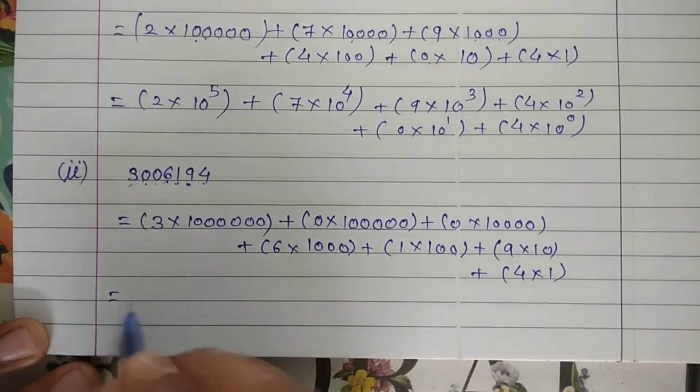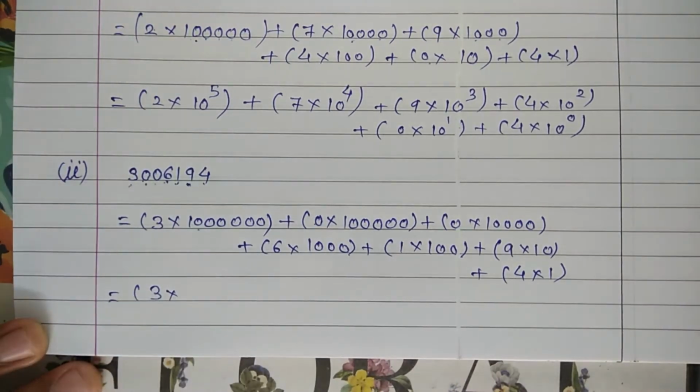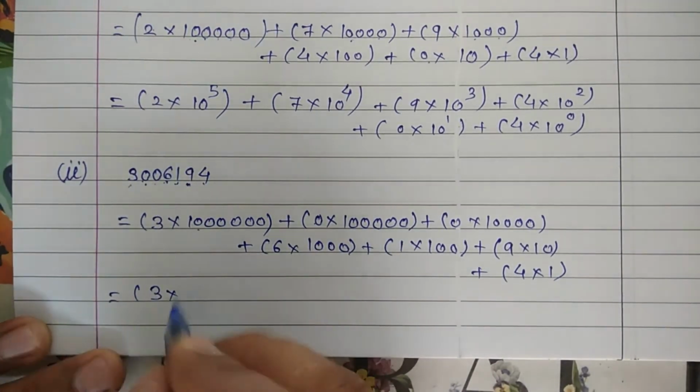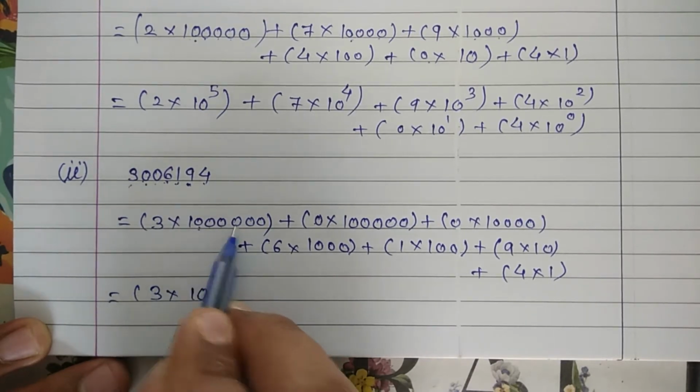So that is equal to 3 multiplied by this 10 lakh, we can write in exponential form. It is 10 raised to the power of, how many zeros are there? 1, 2, 3, 4, 5 and 6.